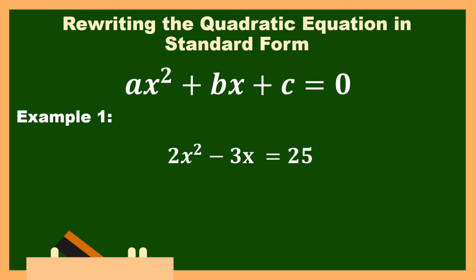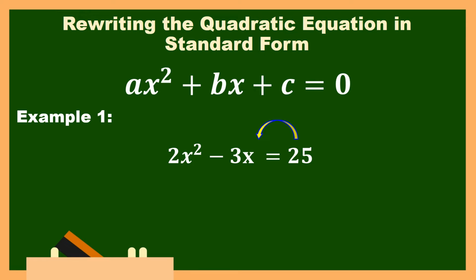So as you can see, hindi siya naka-standard form. So ang gagawin natin, una ay dapat nating mai-equate into 0 ang equation. Meaning, kailangan nating ilipat ang 25 papunta sa kabilang side.